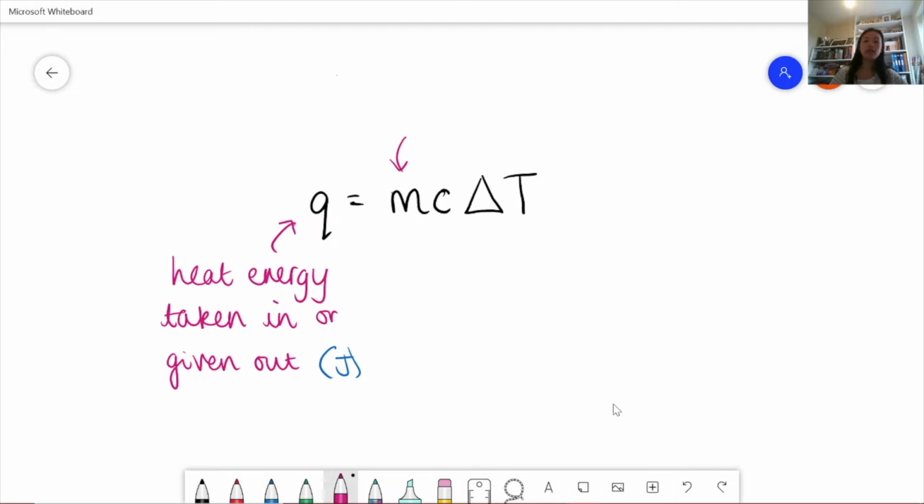M stands for the mass of the solid which is being heated, and this is always measured in grams. Next we have C, which is the specific heat capacity.